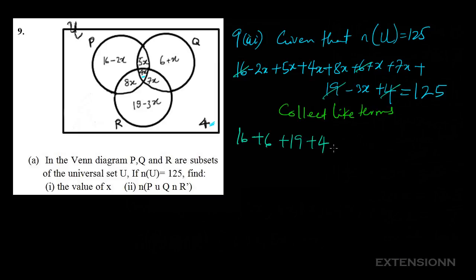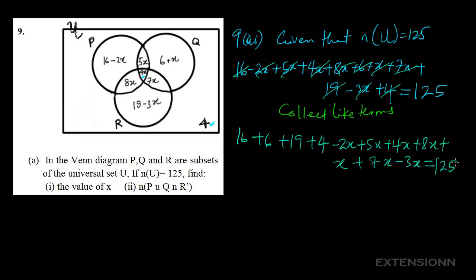Then here we'll have minus 2x plus 5x plus 4x plus 8x, plus x plus 7x, then minus 3x, so this and this cancel out, so equal to 125.